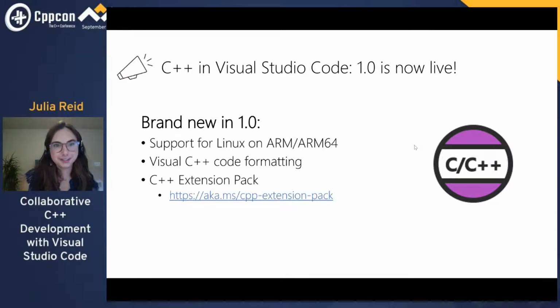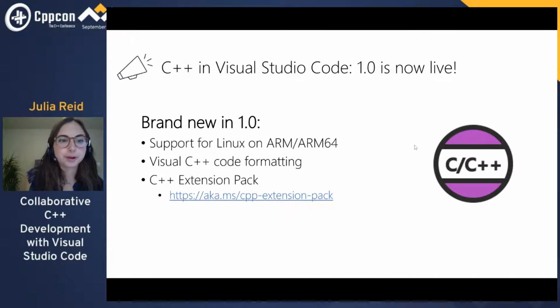Some brand new features in 1.0 are support for Linux on ARM and ARM64. So you now have a first-class development experience for ARM and ARM64 in VS Code, complete with editing, IntelliSense, and remote build and debug. So you can develop your C++ applications for Raspberry Pi from Visual Studio Code.